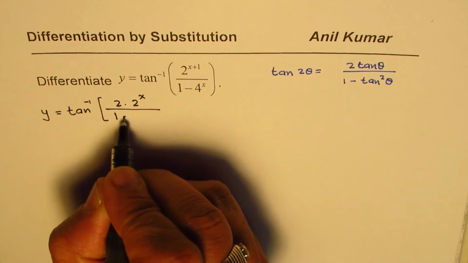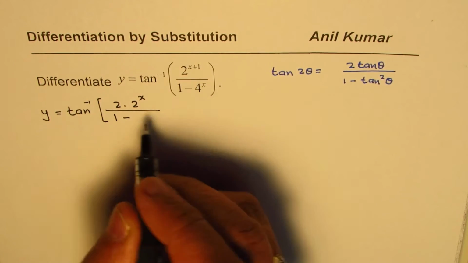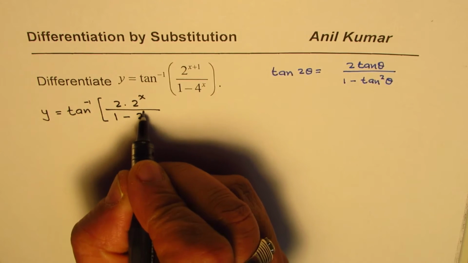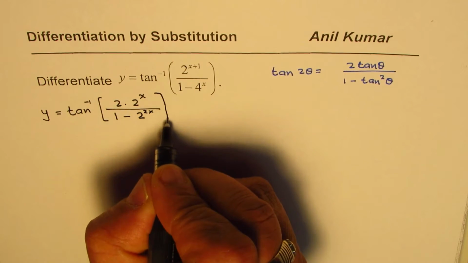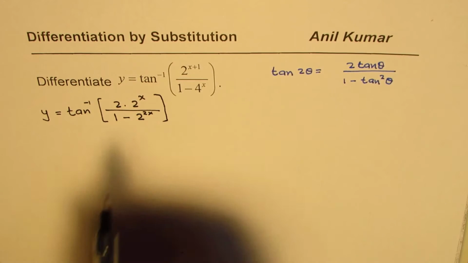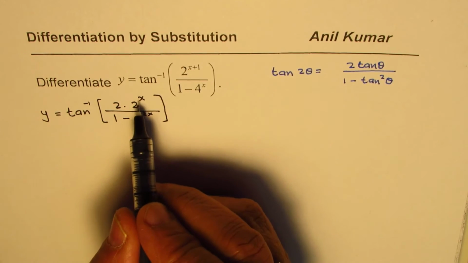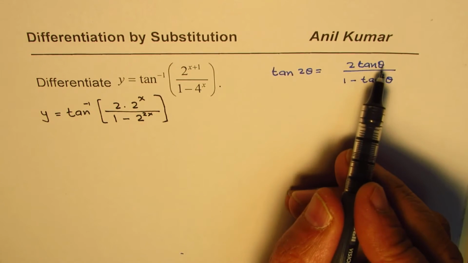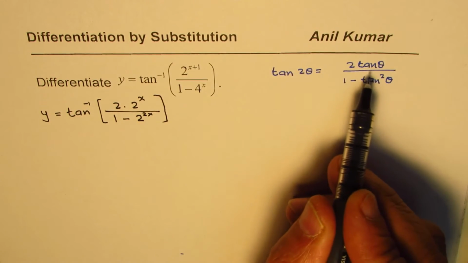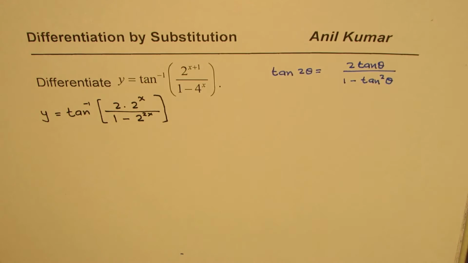Denominator can be written as 1 minus 4, and 4 is 2 square, right? So we could write this as 2 to the power of 2x. Now, if I substitute 2 to the power of x as tan theta, then we can get this formula, correct? So let us make the substitution.